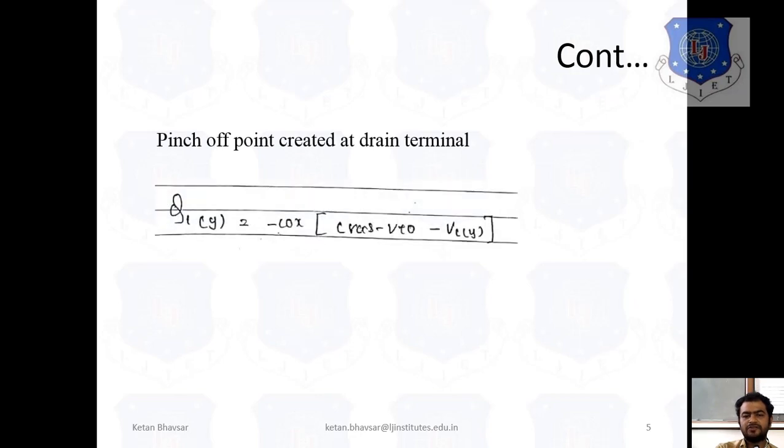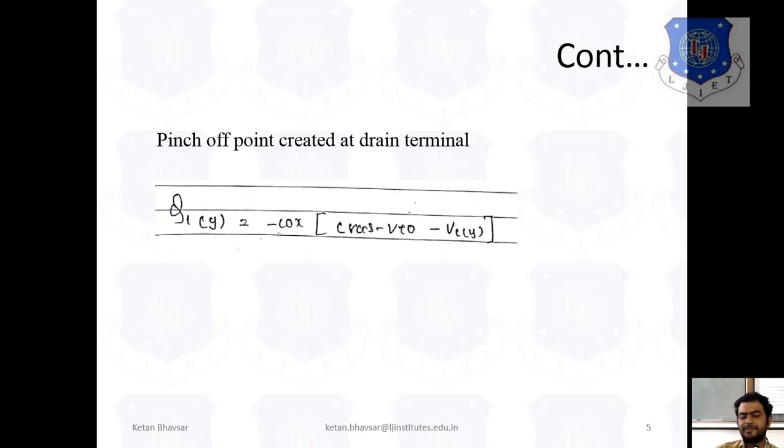So this equation we already proved near the pinch off point in previous session: Q1 of y represents the channel charge from y is equal to 0 to y is equal to L, minus COX into VGS minus VTO minus VC of y.